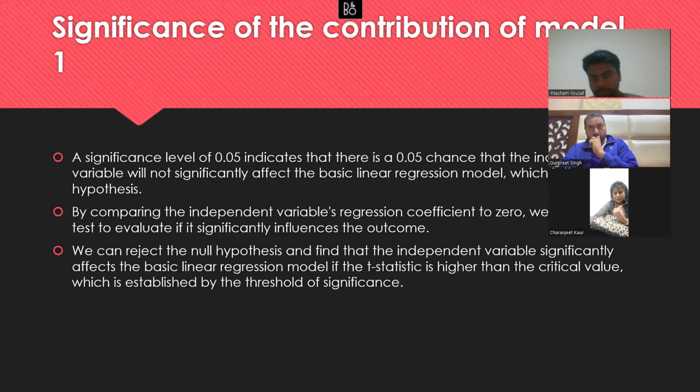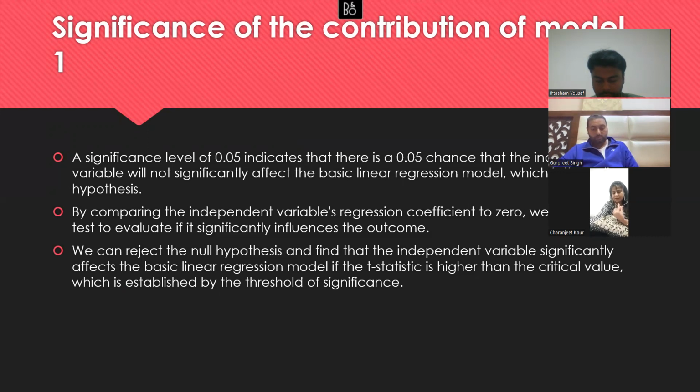I'm describing the significance of the contribution of model 1. A significance level of 0.05 indicates that there is a 0.05 chance that the independent variable will not significantly affect the simple linear regression model, which is the null hypothesis.